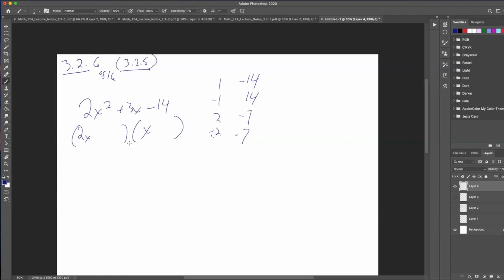And since I want it to be positive, I'm guessing that the 7's positive. So if I put the 7 here and the minus 2 here, what do I get? Well, I'll get 14 minus 3. So that's too big. So I just want to do the opposite. So I'll do the minus 7 here and the plus 2 here.